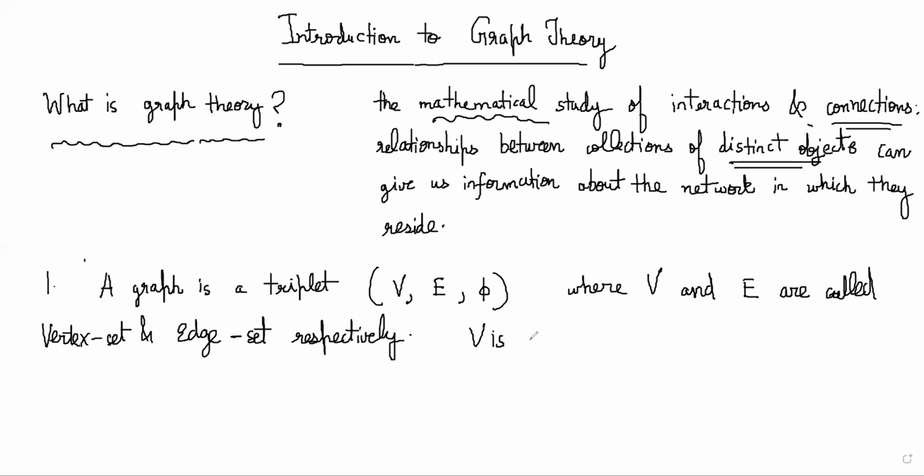V is always non-empty. Basically, it always has to have some element. So there has to be at least one vertex for it to be called a graph, right?